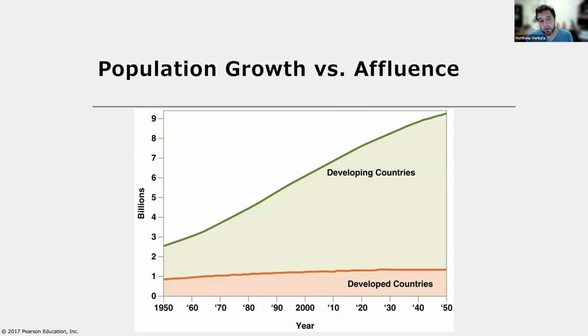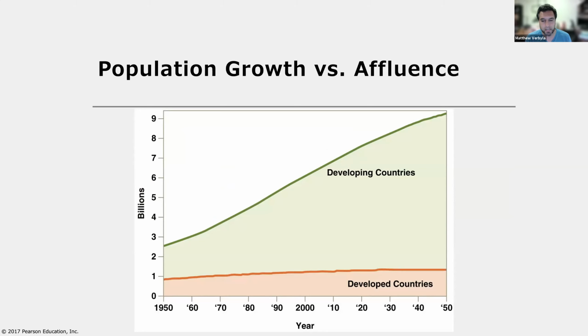And as mentioned before, there's a very big difference in the population growth rates in developing countries versus developed countries. So in developed countries, as you can see from the data here, from the year 1950 up till today, with projected population growth up till the year 2050, it's pretty much steady. There's not too much growth, there's not too much decline.